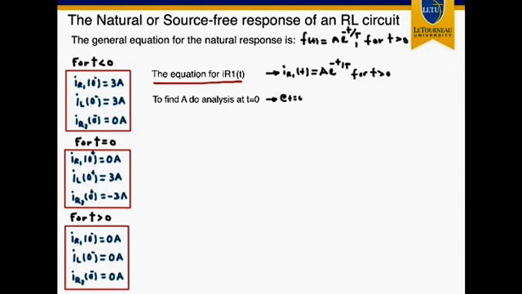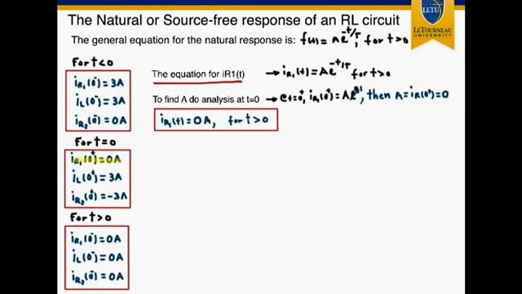To find the value of A, we do analysis at t equals 0, and at t equals 0, I sub R1 is equal to A times exponential to the 0, that is 1. Then A is equal to the initial condition of the current I sub R1. And current R1 at 0 plus is equal to 0. So for I sub R1, the equation is going to be 0 for t greater than 0.